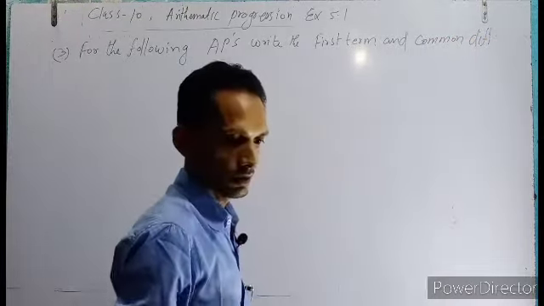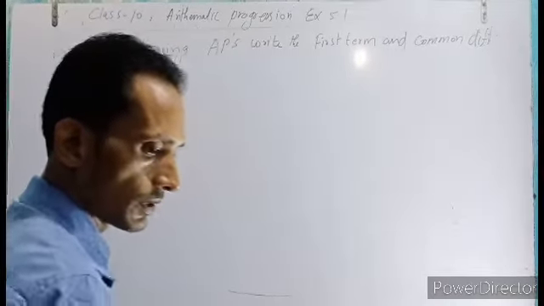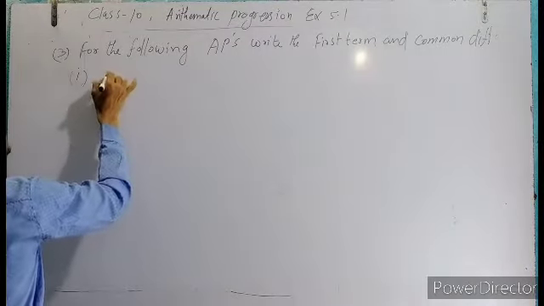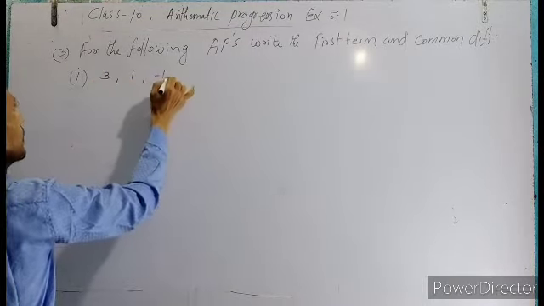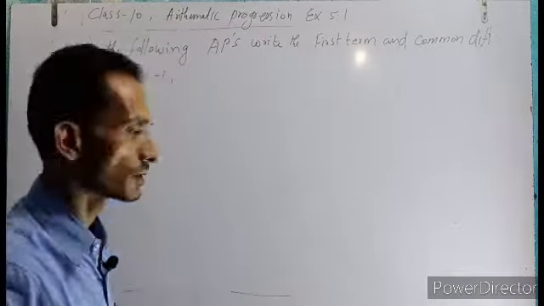Okay, one by one we can do. First is given 3, 1, minus 1, minus 3.